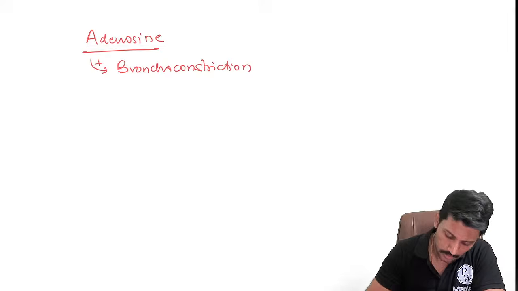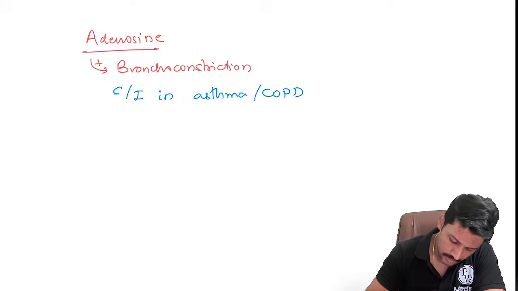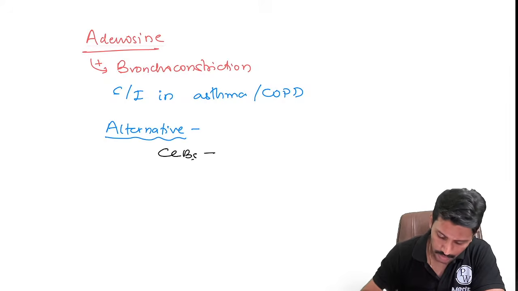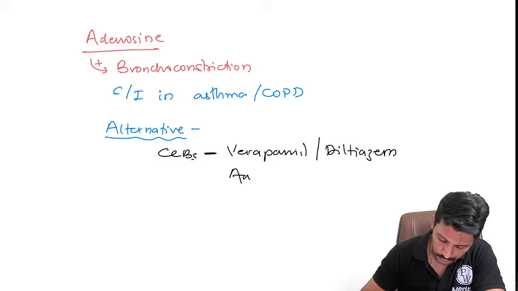That's why it is contraindicated in asthma and COPD. So in such cases, as an alternative, we can use non-DHP calcium channel blockers, non-dihydropyridine CCBs like verapamil or diltiazem, or you can also use amiodarone.